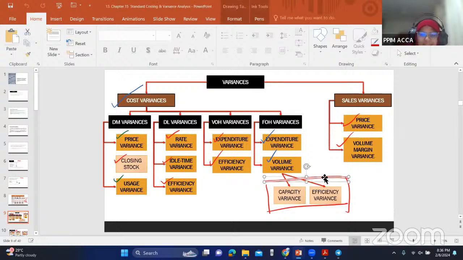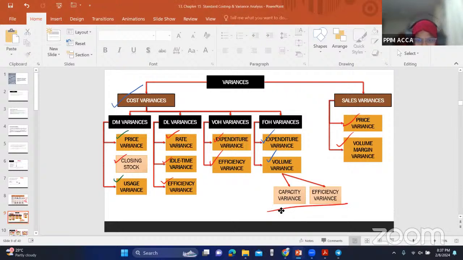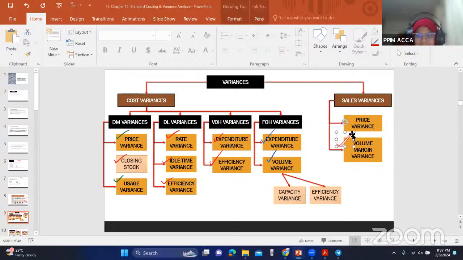Now, when it comes to variance analysis, these are the different variances that you have to know to calculate. Okay, I'm so sorry, it's a little messy. It's just that when I'm doing lectures, I just need to tick off when I finish it, right? Just to keep the students a little entertained.